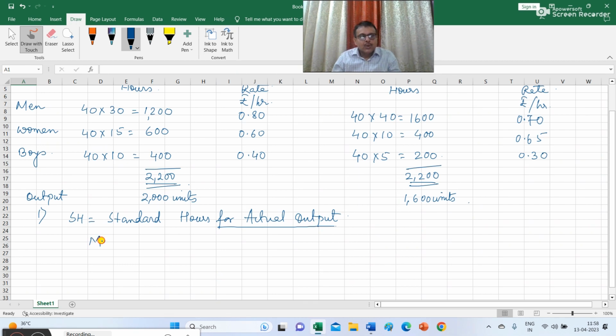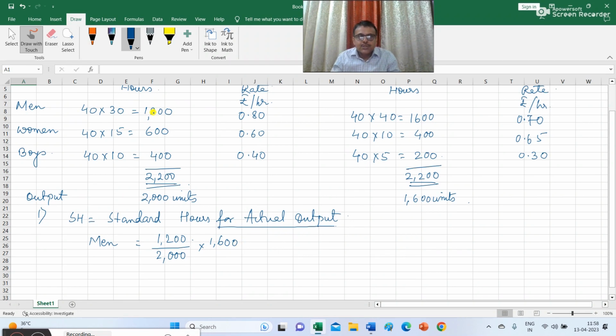So what is the standard hours for men? So 1200 is the standard men hours divided by 2000 units. This is the standard units which is expected to be produced, but actually 1600 units were produced. So standard hours for actual output.